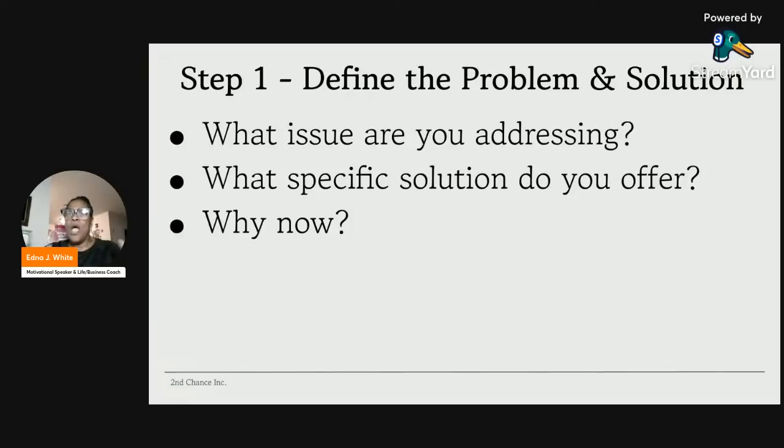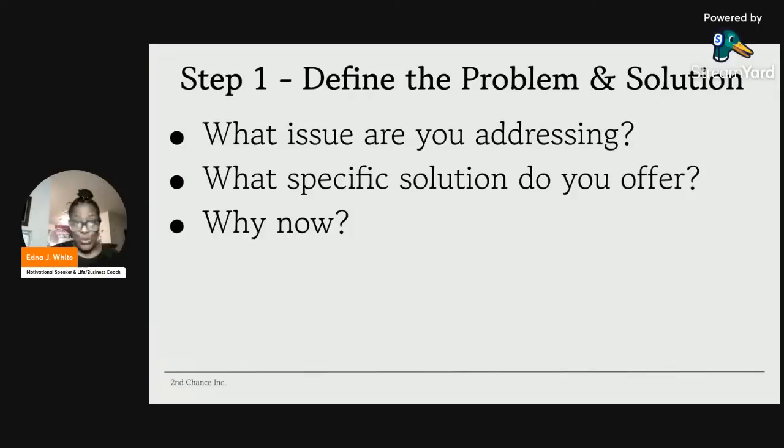Okay, so there are three steps to turn your ideas into proposals. We're going to go over the steps, and we're going to literally get you prepared to put this proposal together. So step one is to define the problem and the solution. Define what your organization is going to do, what issue or issues you're going to address.